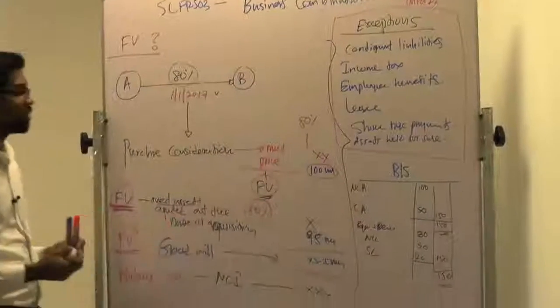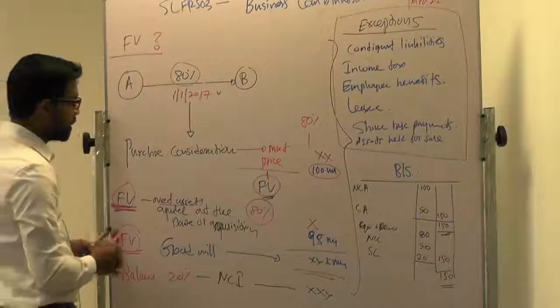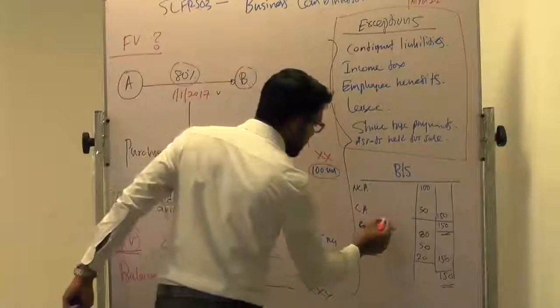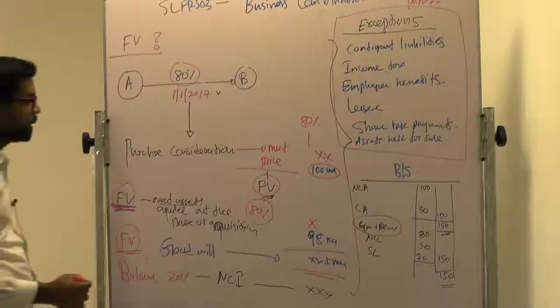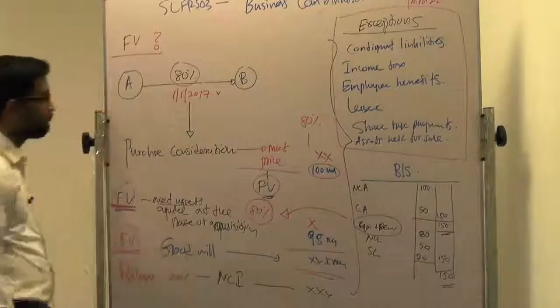This is a simple balance sheet, right? Now, when you prepare goodwill, you have to take the fair value of net assets, which is equity and reserves, at the date of acquisition.